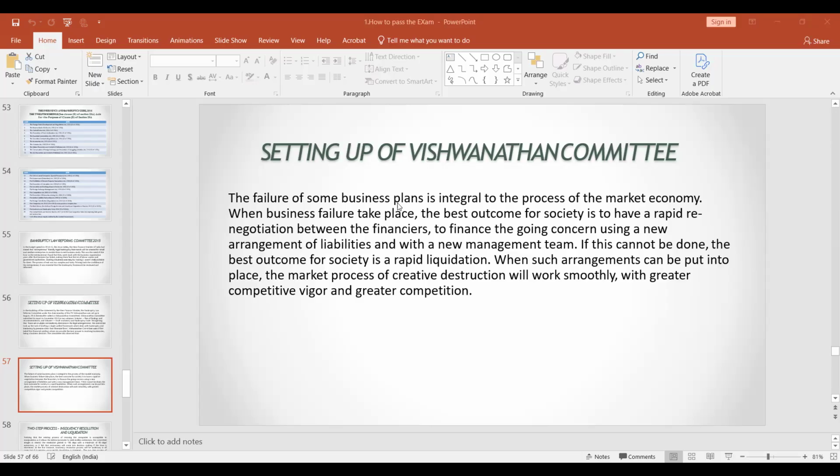If this cannot be done, then you go for rapid liquidation. They said whatever you want to decide, decide it quickly. When such arrangements can be put into place, the market process of creative destruction will work smoothly with greater competitive vigor and greater competition.